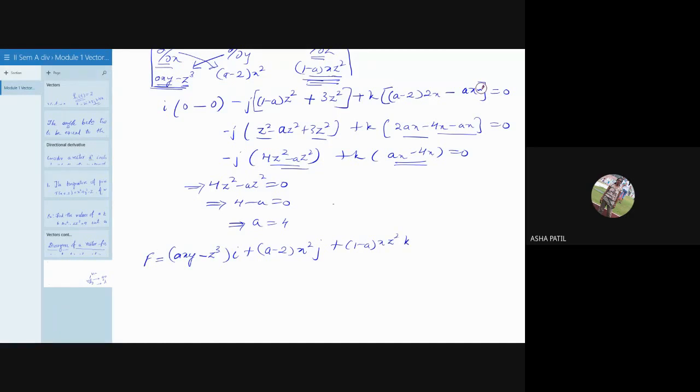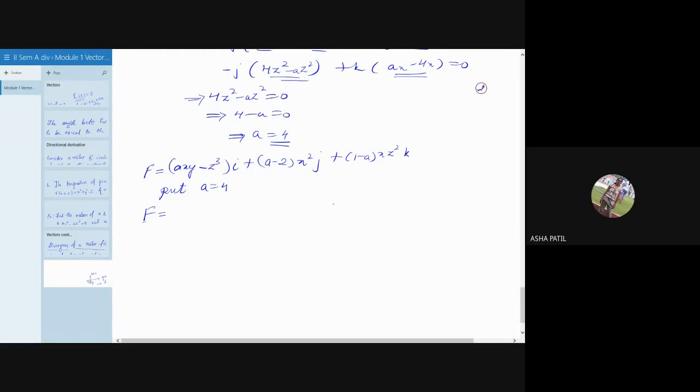Now if you put a equal to 4, F becomes (4xy minus z cube) into i, then 4 minus 2, it is 2, 2x square j, 1 minus 4, it is minus 3, I'll just make it minus 3xz square k.